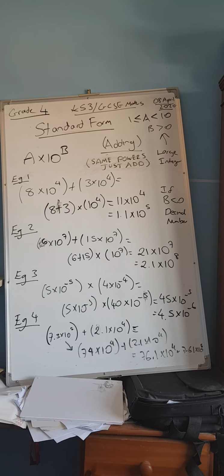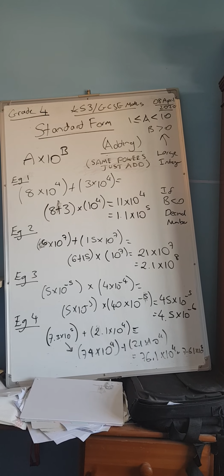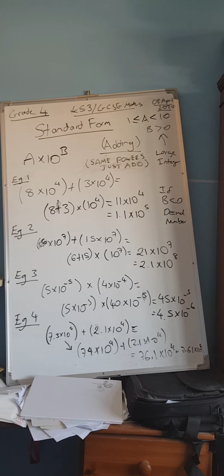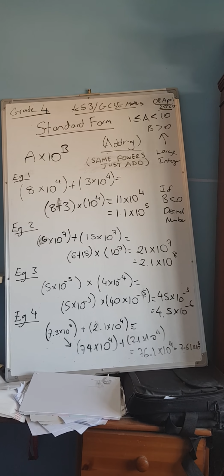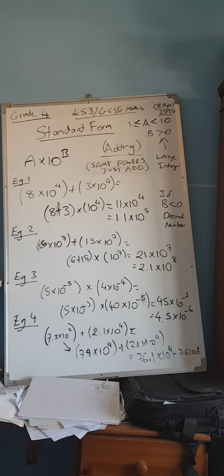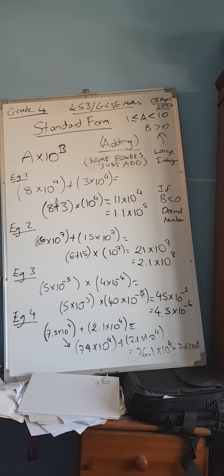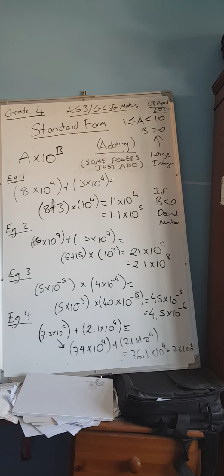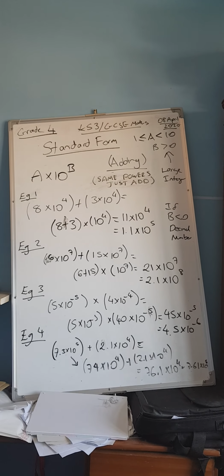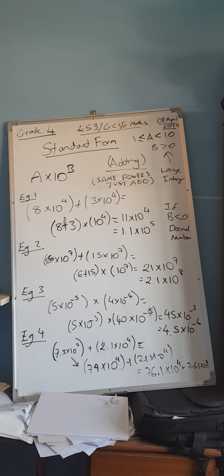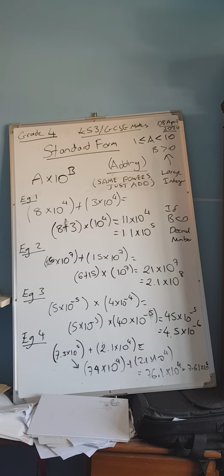It should be 73 times 10 to the 4 plus 2.1 times 10 to the 4, so the answer should be 75.1 times 10 to the 4, which is 7.51 times 10 to the 5. I made a mistake by writing the wrong number, but the method is the same, so it's 7.51 times 10 to the 5.